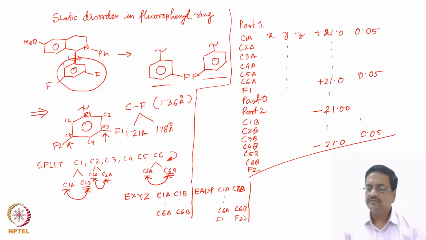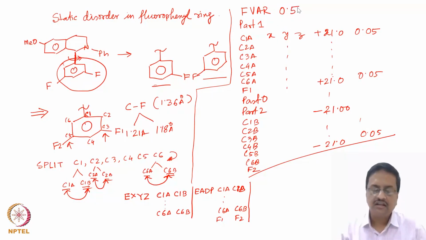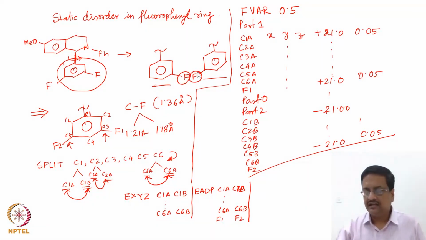If you do this and then do the refinement with a value of FVAR as usual as 0.5, it will refine to a reasonable parameter and will tell you what percentage of the molecule has fluorine on the right hand side and what percentage has fluorine on the left hand side.